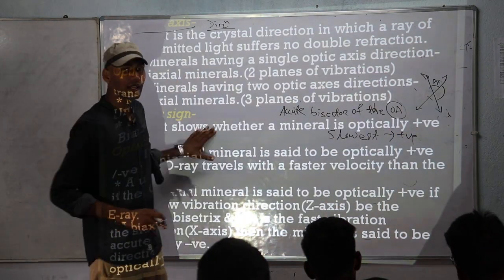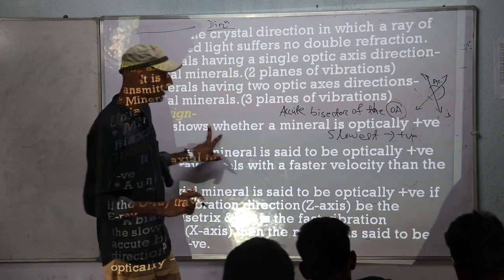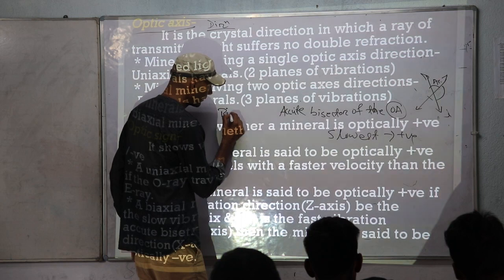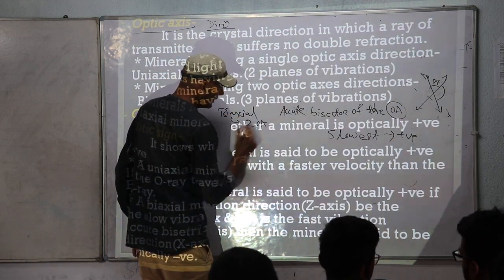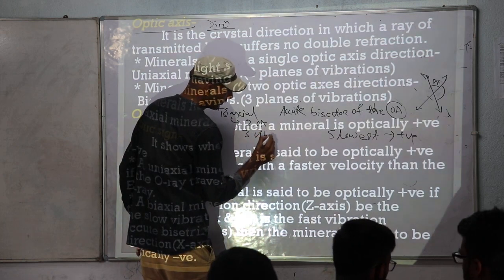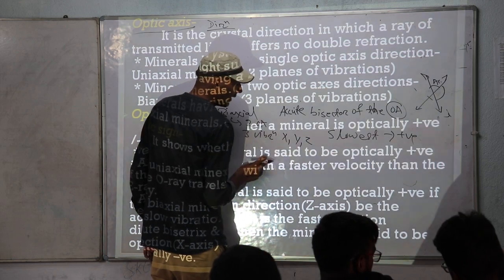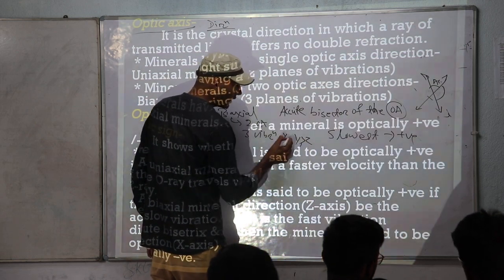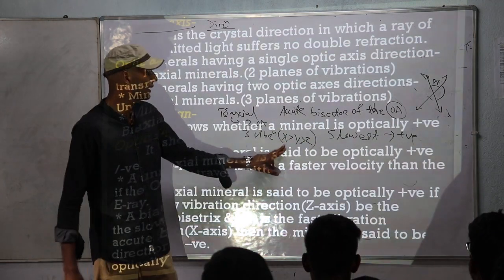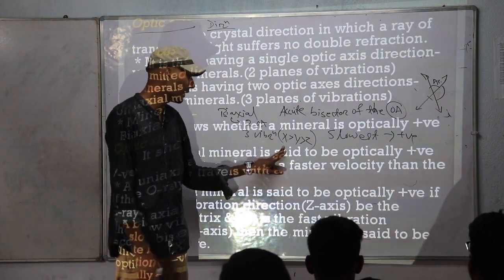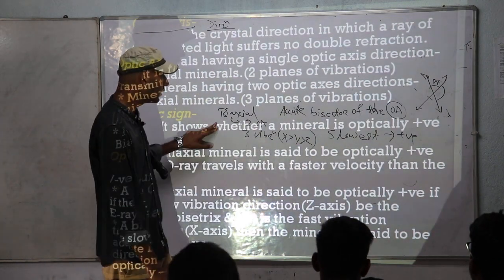Okay, for biaxial minerals there are two optic axes and three vibration directions, X, Y and Z. Z is the slowest one, X is the fastest one. X is the fastest vibration, Z is the slowest vibration direction. And there are two optic axes.